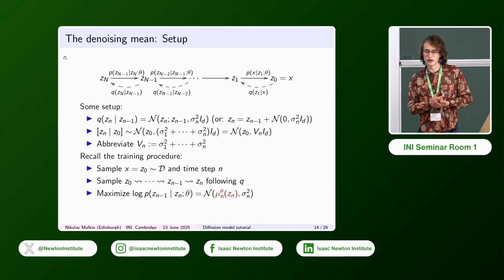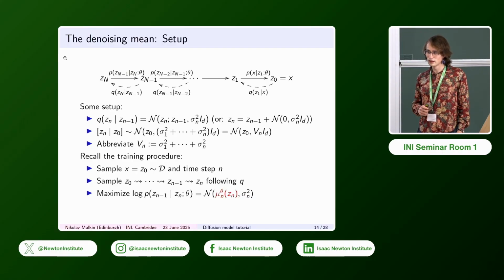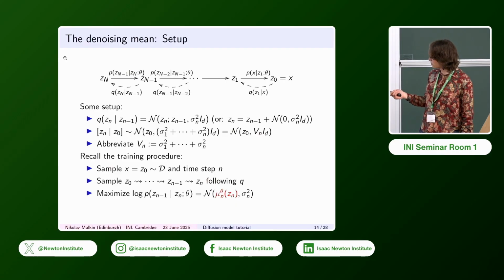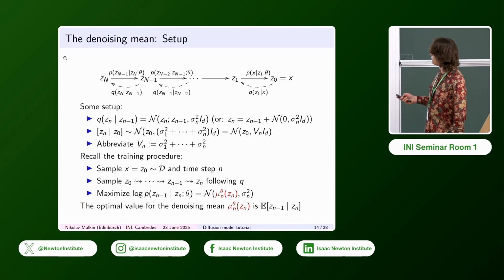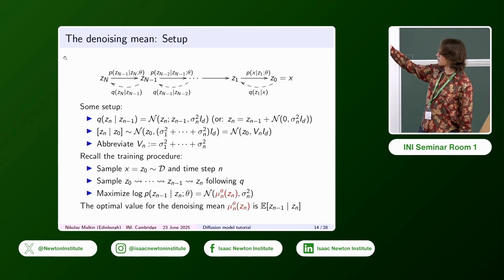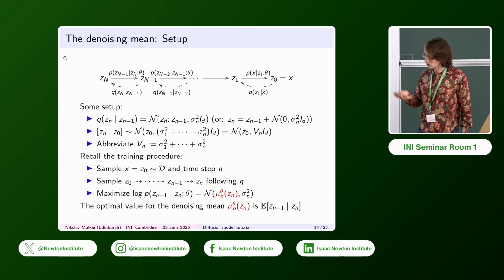And of course, doing maximum likelihood training of a Gaussian mean parameter is the same as regressing to the value whose likelihood we're trying to maximize. So we're regressing to the conditional expectation of Zn-1 given Zn. So fitting the denoiser, the thing that passes from each latent to the next latent, is the same as regressing to a conditional mean.